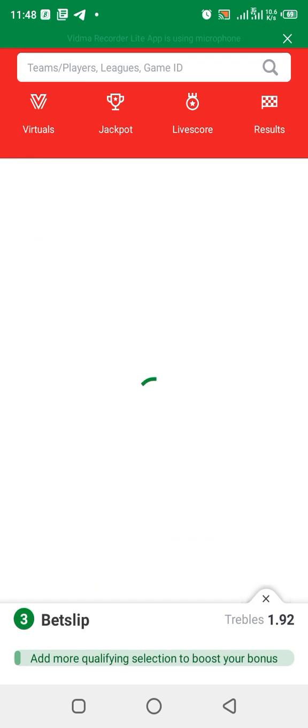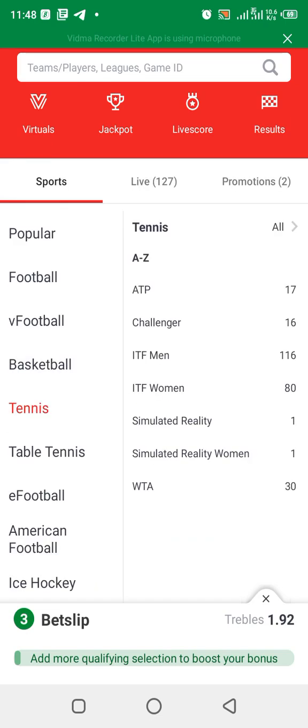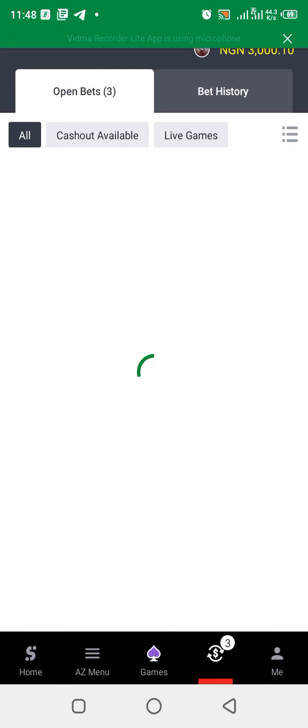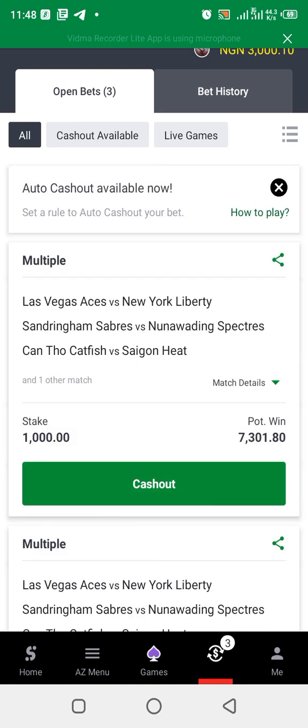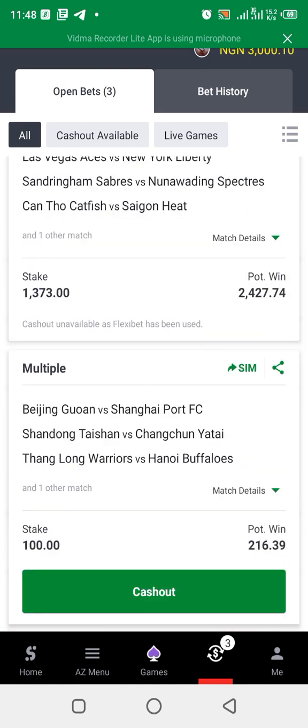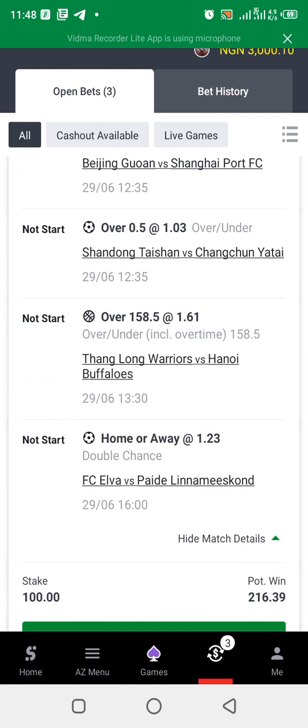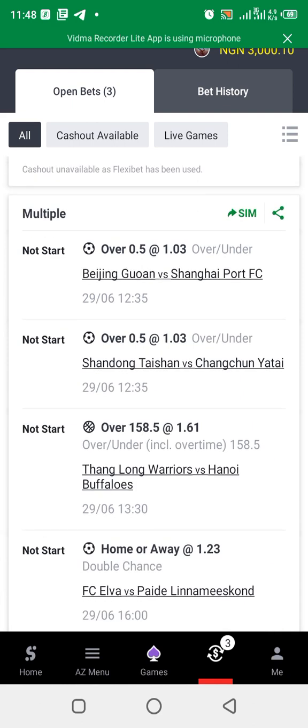So if you have been following this video, I've just shown you guys this particular odd. Let me show you these two odds. I have 4 games here, so you can just make use of it.